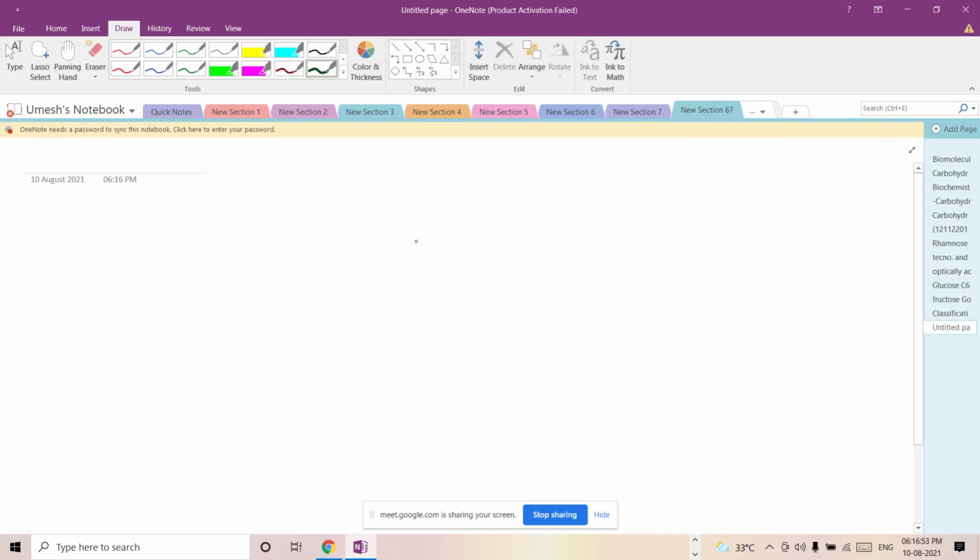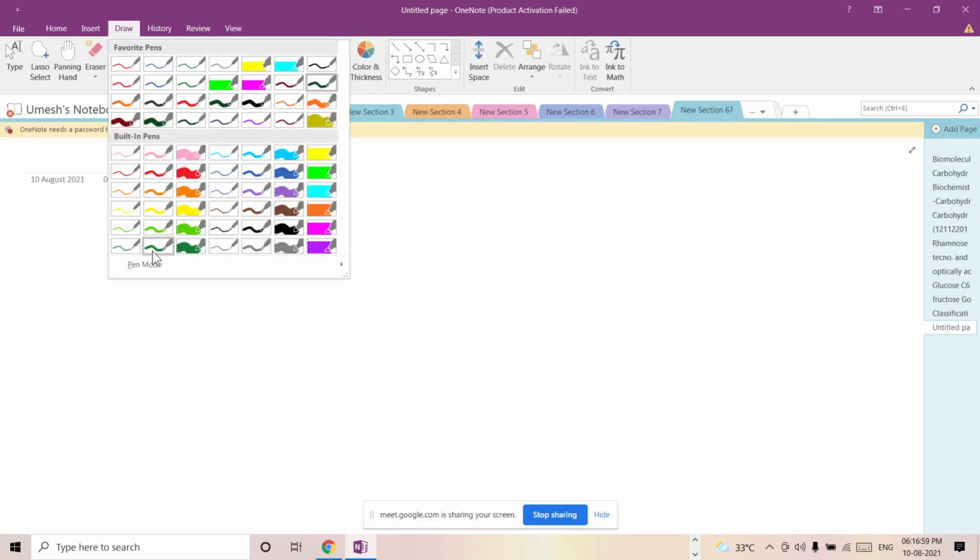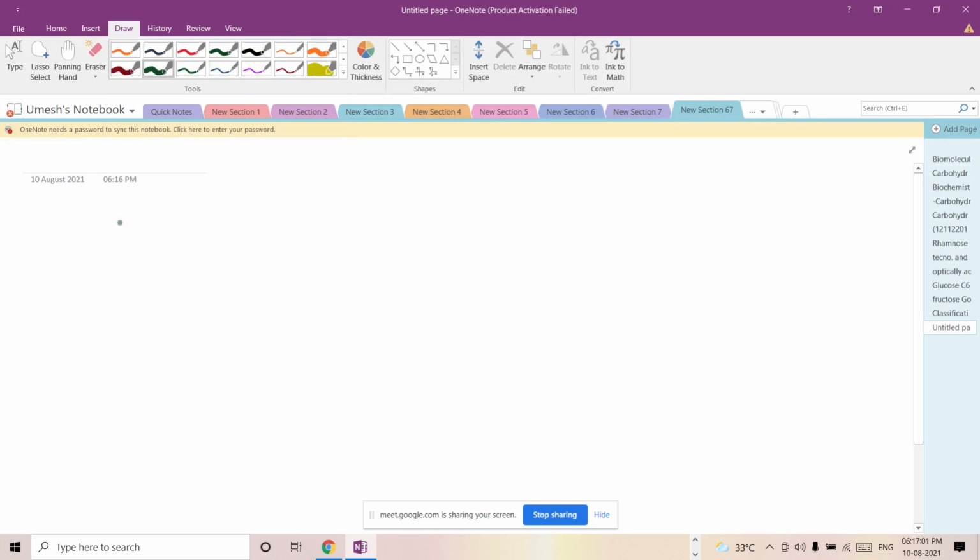Next one. They are further classified as monosaccharides. Monosaccharides are those which cannot be further hydrolyzed.